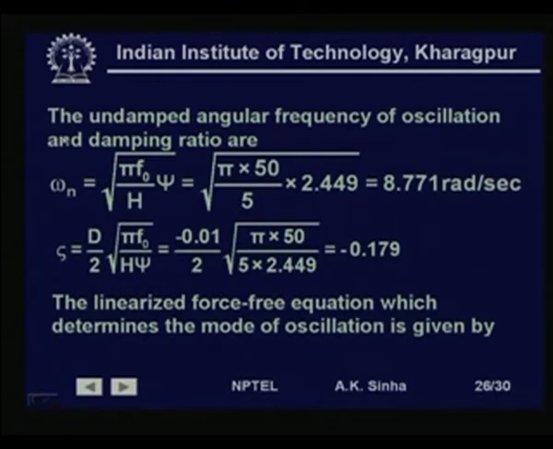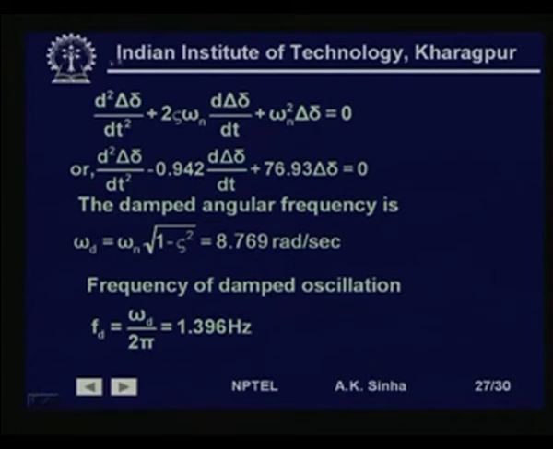Here we find that omega n, the undamped natural frequency, is again the same, 8.771 radians per second, whereas the damping coefficient has now become negative because D is negative. So, it comes out to be minus 0.179.